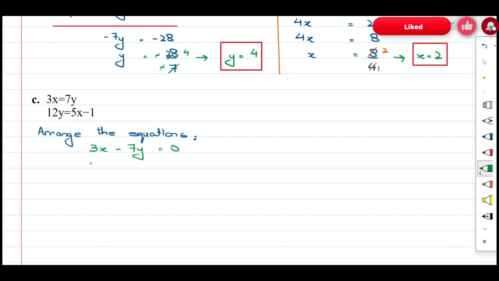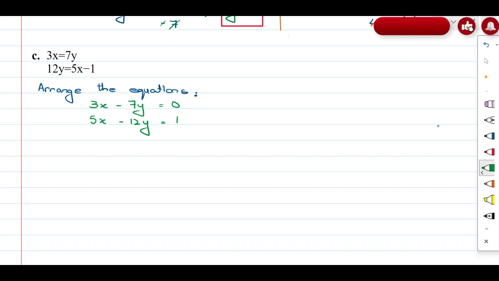Second equation is, if I shift this term on the other side, 5x minus 12y is equal to, shift the 1 on the other side, becomes 1. What I did, I shifted the 7y on the other side, becomes negative 7y, and after equals just 0 is left, right? And for this equation, 5x stays on the right. I just shifted this 12y on the right, becomes negative 12y, and minus 1 on the left becomes positive 1, right? Now let me solve this by using method of elimination.